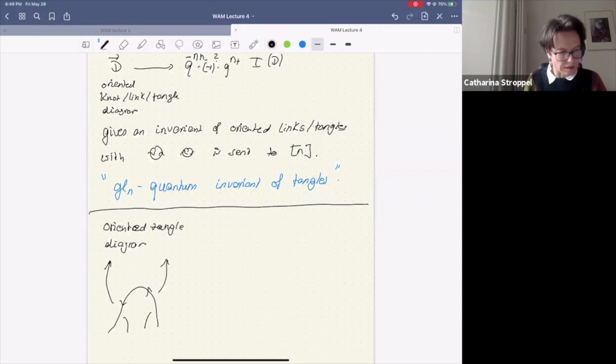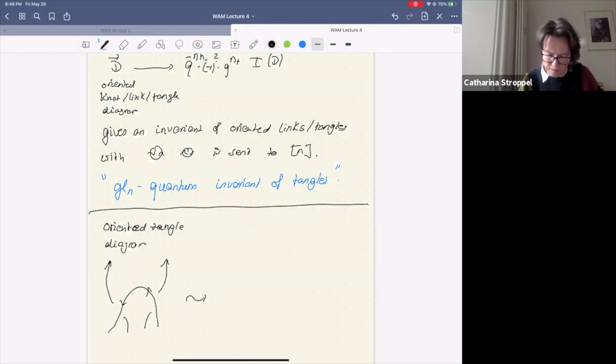So what do I assign to this? Remember my rule was, I have these strands, I replace them by some webs. Each crossing I smooth, and the cup becomes one of these mergings.